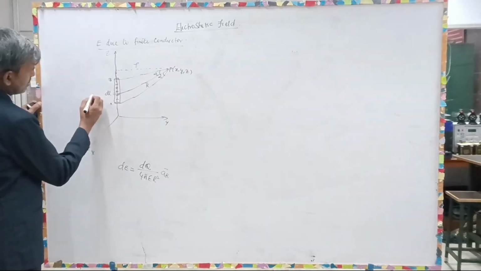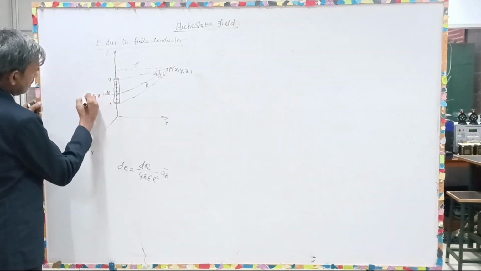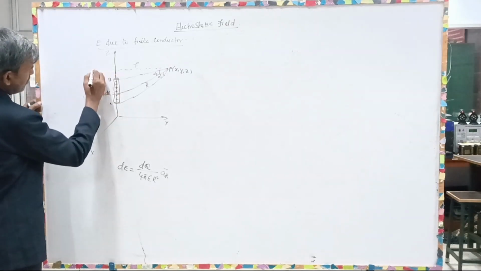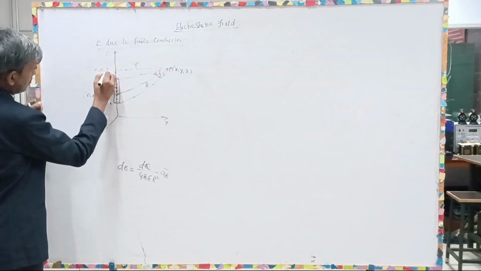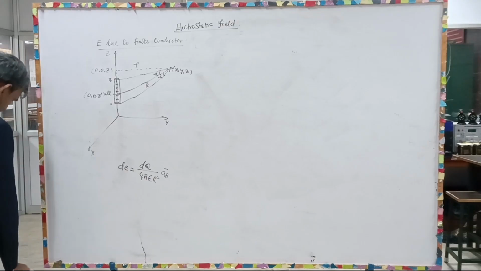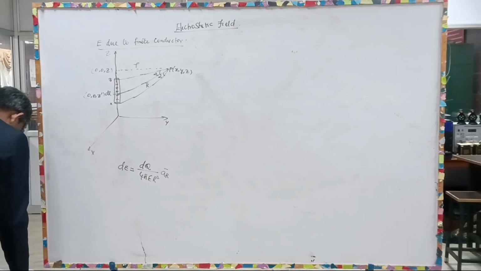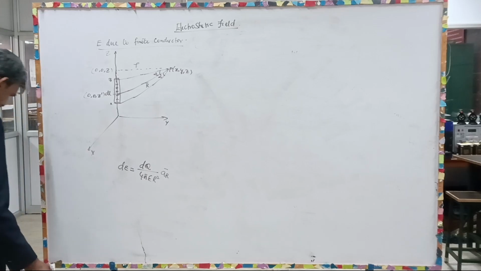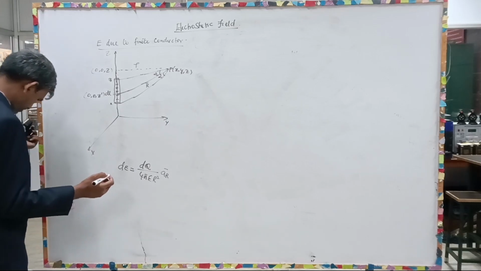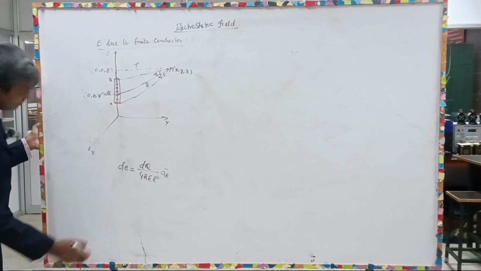So this will be 0, 0, z dash. So this is for 0, 0, z.